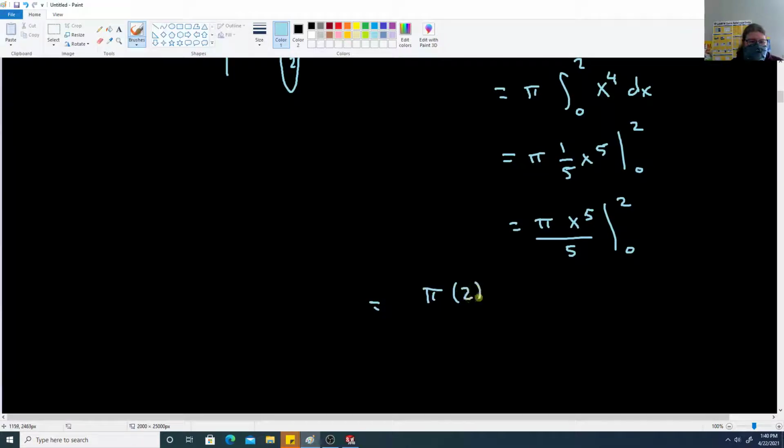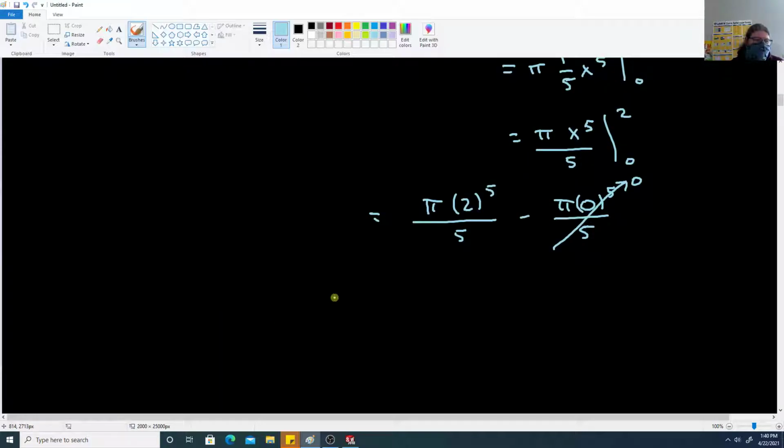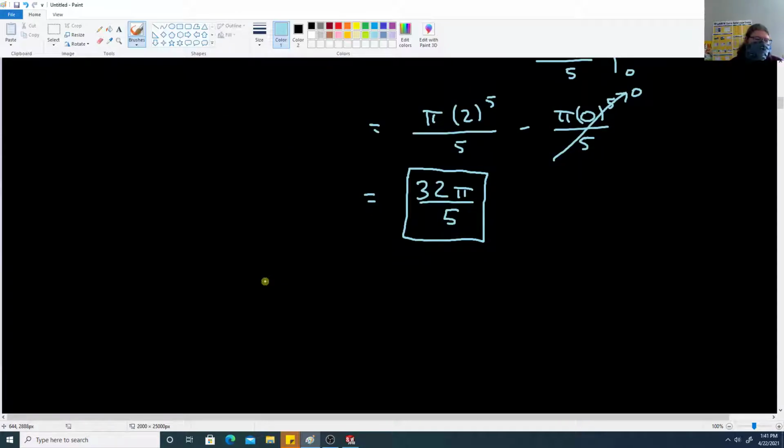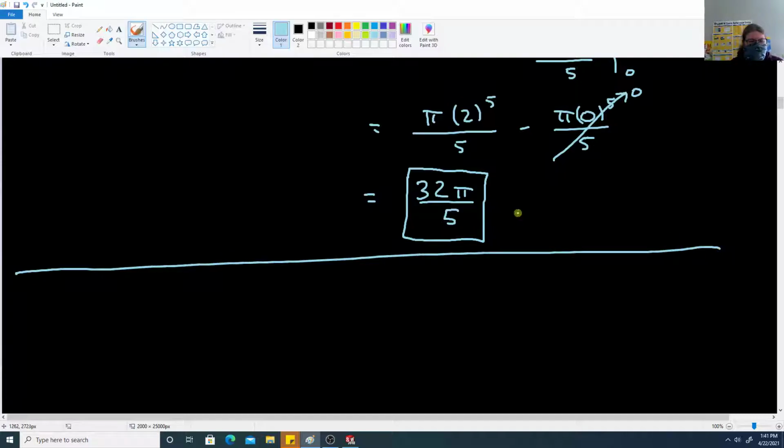That'll be pi times 2 to the 5th over 5, minus pi times 0 to the 5th over 5. 0 to the 5th over 5 is just 0, so that term goes away. 2 to the 5th is 32, so we have 32 pi over 5 for our answer. That will be the volume. They didn't give us units, so it's cubic units, but they didn't tell us what the units are, so we'll just leave it blank. If you wanted to, you could say it's that many units cubed.